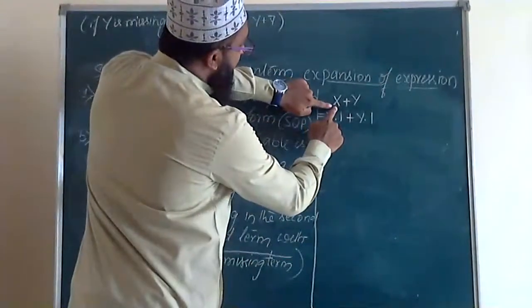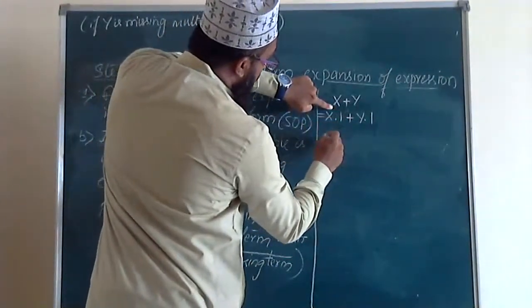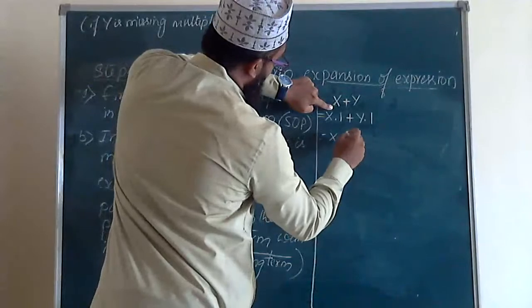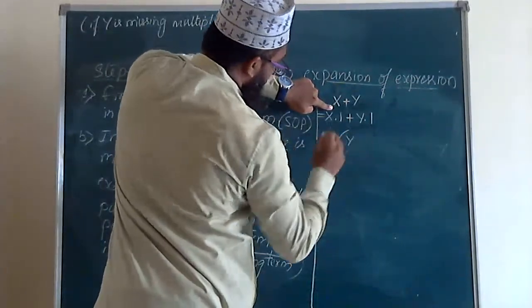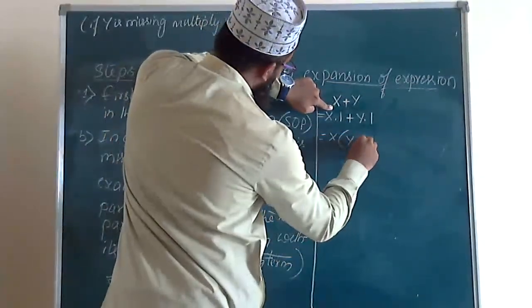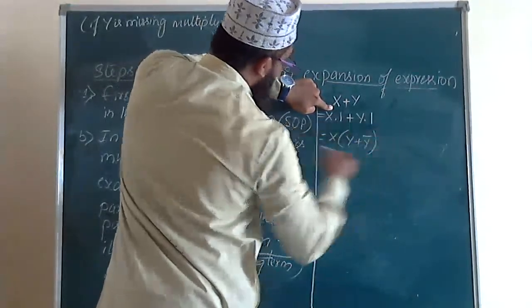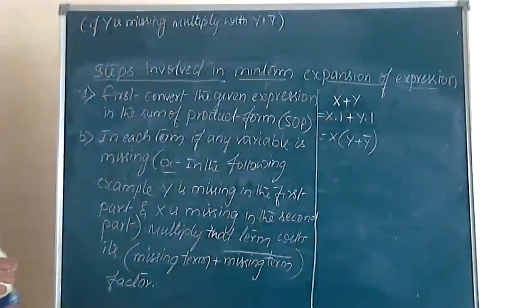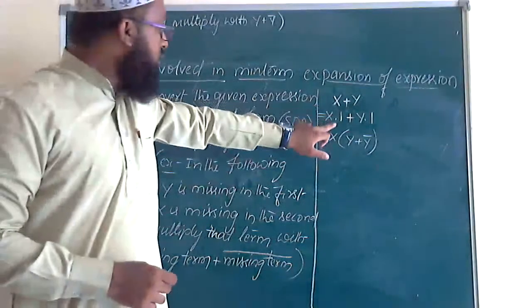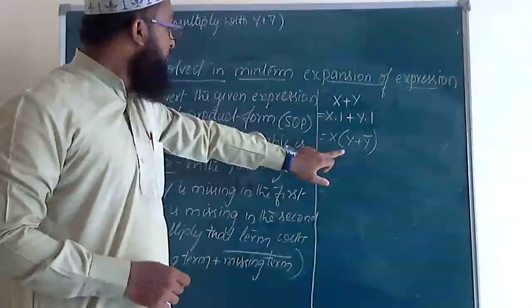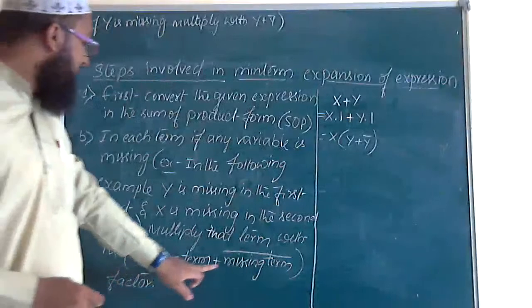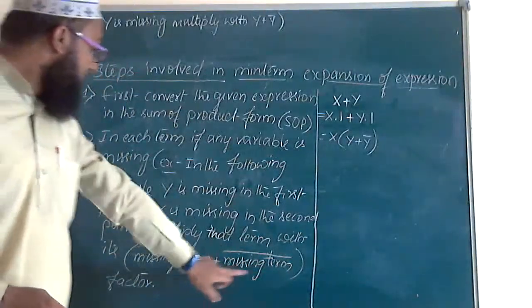What is missing here? y should be present, so we multiply by y plus y bar. In place of 1, we take missing term plus missing term bar.